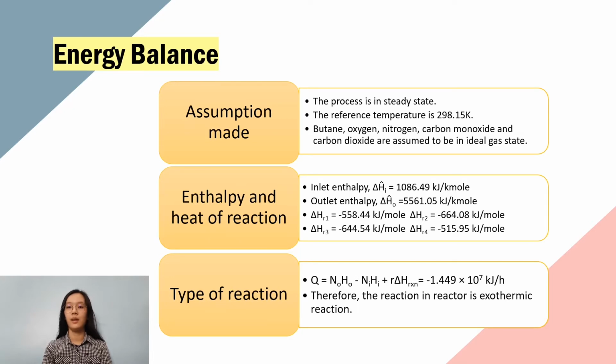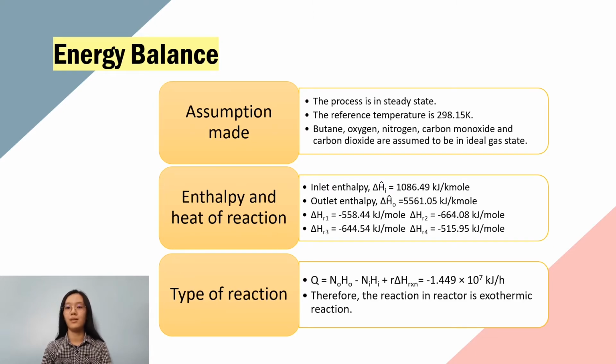The inlet enthalpy and outlet enthalpy are calculated using the formula integration of Cp dT, and we found that the inlet enthalpy is 1086.49 kJ per kmol and the outlet enthalpy is 5561.05 kJ per kmol.